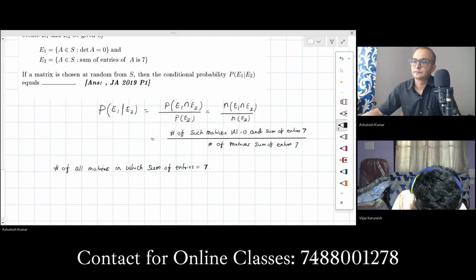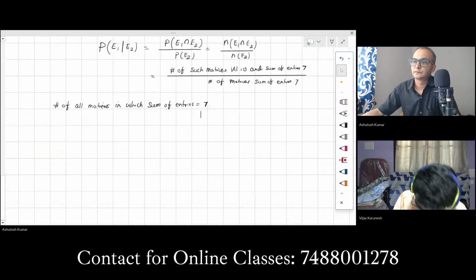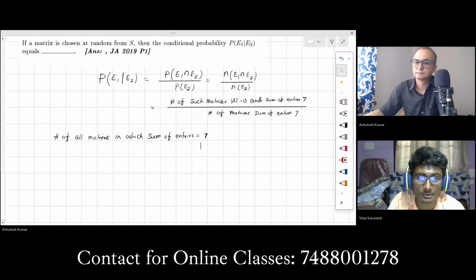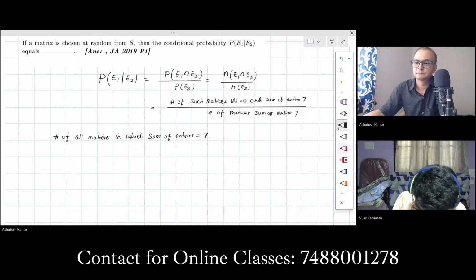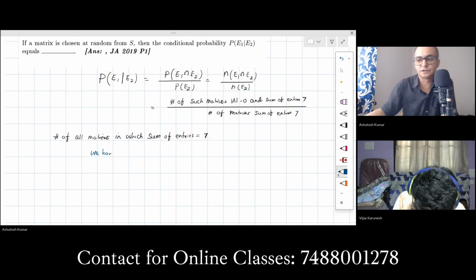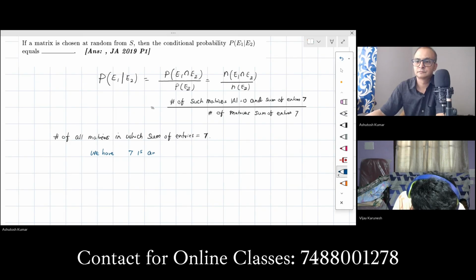Sum of entries 7 means we have to take only 0 and 1. So what are the possible cases you can make? 7 ones and 2 zeros. That's the only possibility we can have. Very good. Because we have 9 places, we have 7 ones and 2 zeros.